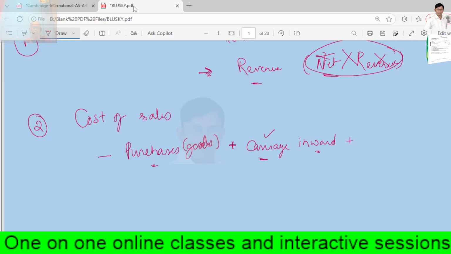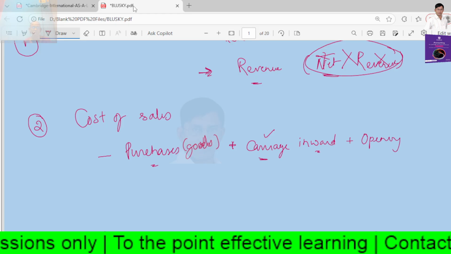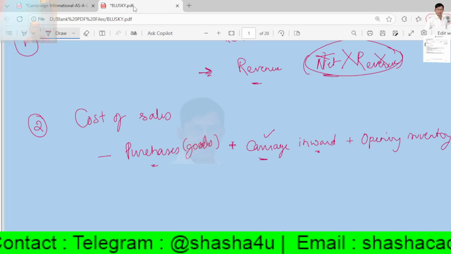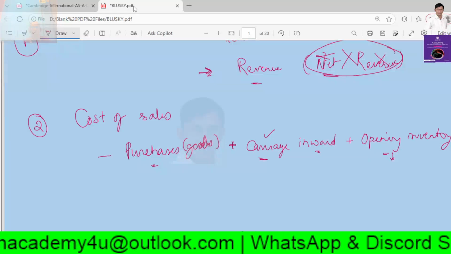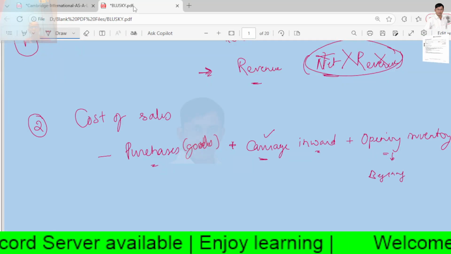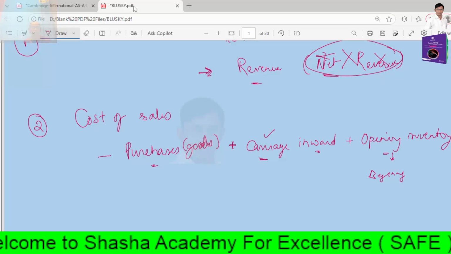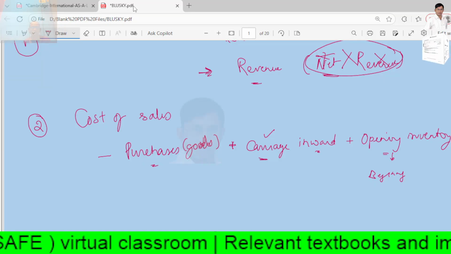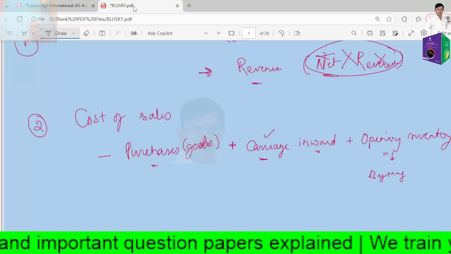So to this we need to add opening inventory. Opening inventory means inventory at the beginning. Before the purchases and before we sold things, there might be some opening inventory, so whatever we have at the beginning needs to be added.